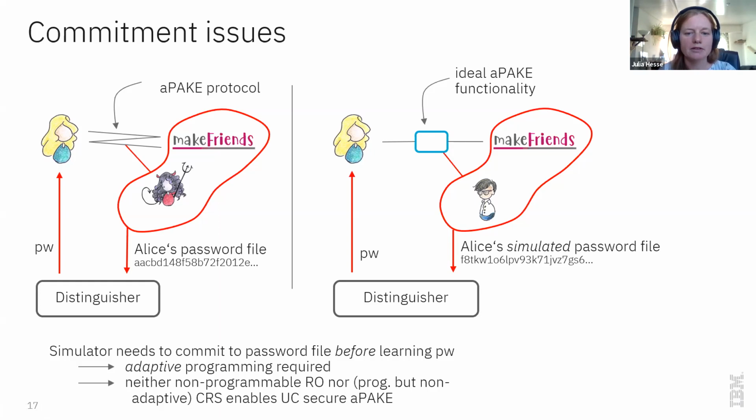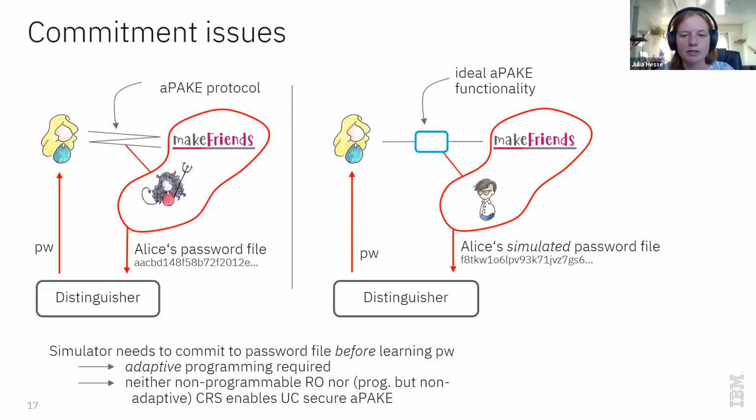We show that when simulating the password file, the simulator runs into a so-called commitment problem. First, the simulator is committed to the value of the password file, which you can see here. So this is the simulated version. And he has to output this value without knowing the password.